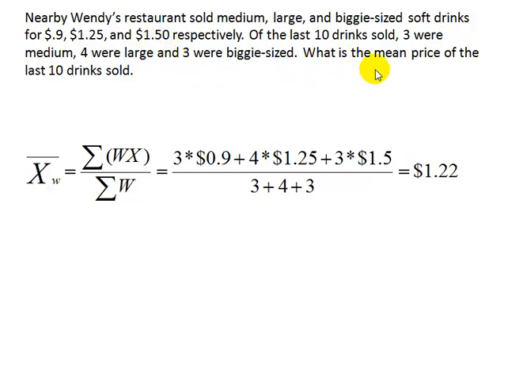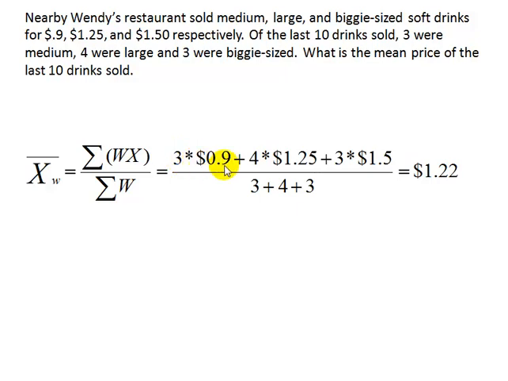So what is the mean price of the last 10 drinks sold? If we want to find out the mean price for the last 10 drinks, we use the formula for weighted mean. We use x bar sub w to represent the weighted mean, equal to sigma wx. Sigma again shows the operation of adding, w is the weight, and x is the different values.